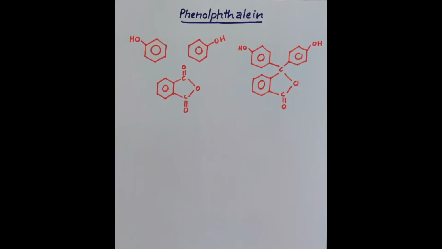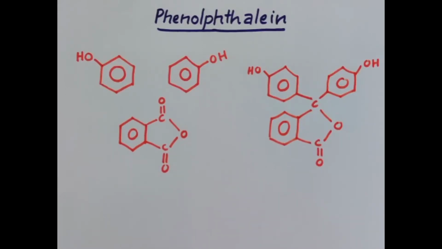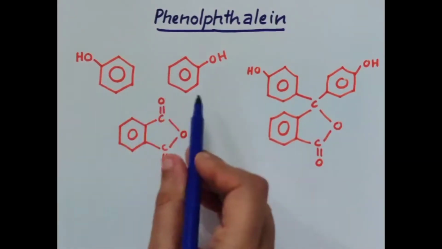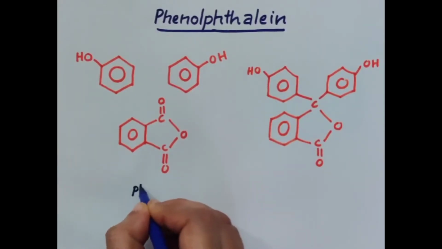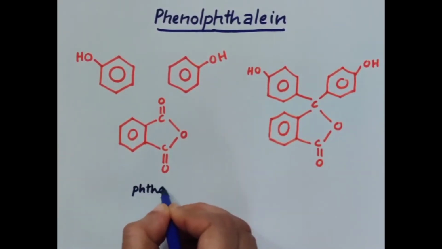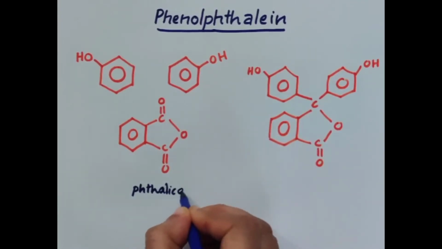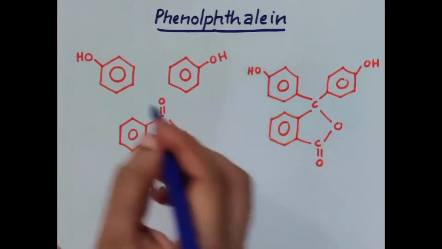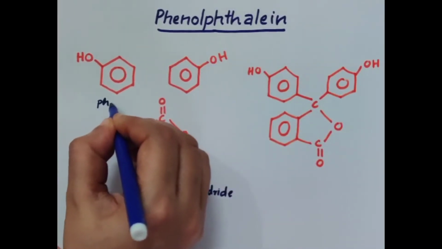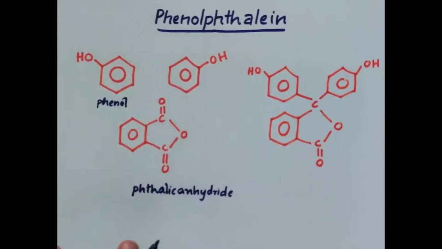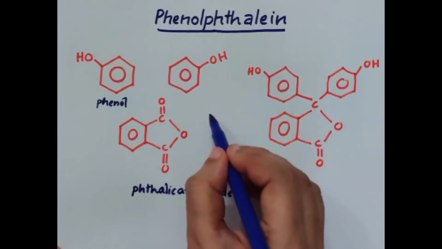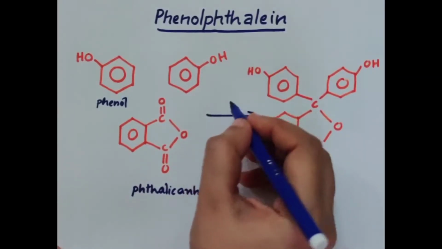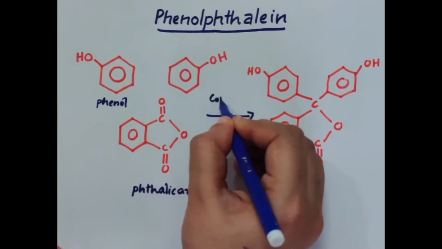Phenolphthalein is prepared when phenol is treated with phthalic anhydride in the ratio 2:1, in the presence of concentrated H2SO4.